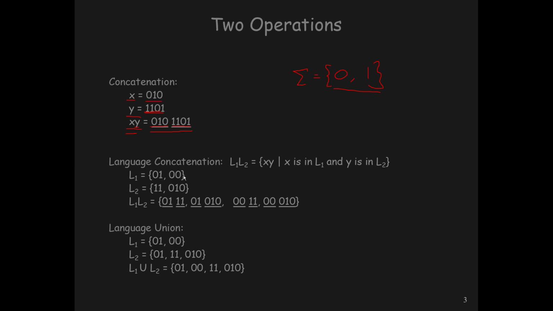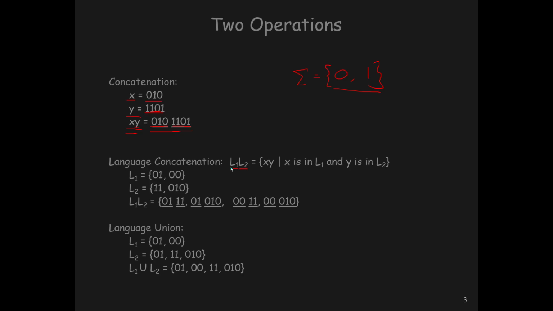Now, concatenation of languages, i.e. concatenation of sets of strings, works the same way, except that you do it with all of the possible combinations of strings from the two languages, okay? So you have a language L1 and L2.